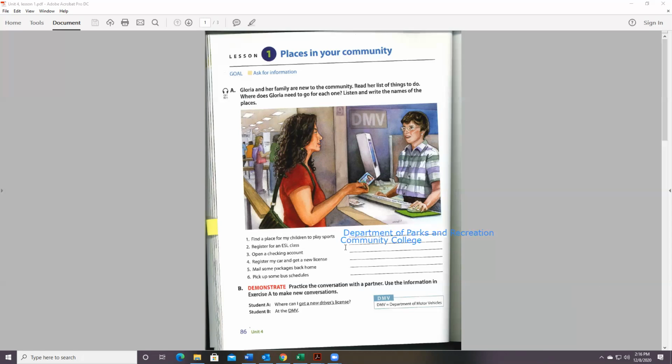Okay, you can do that at a bank. Number 4, register my car and get a new license. Department of Motor Vehicles. Okay, another word for this is called DMV.